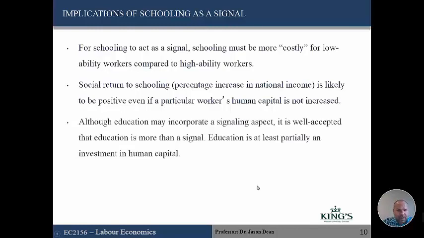Okay, so in reality, there is likely a bit of both. I'm sure there is some sort of a signaling effect, but certainly that's not all of the reason. There are many skills that you do acquire through getting an education, which are certainly applicable, in my opinion, in the labor market.